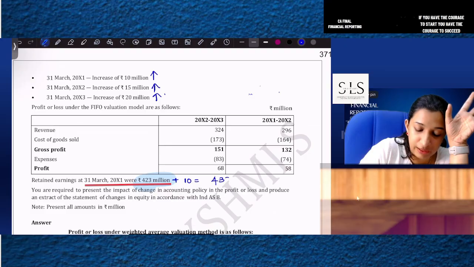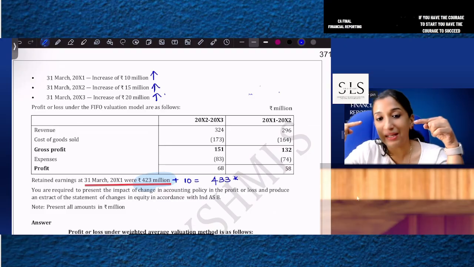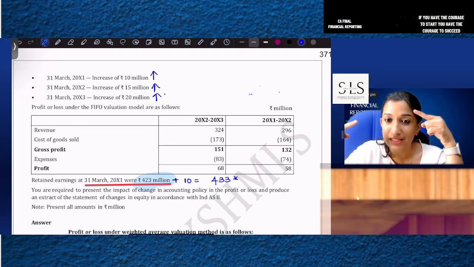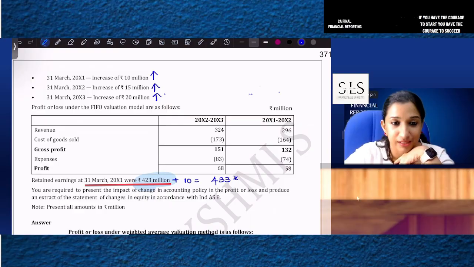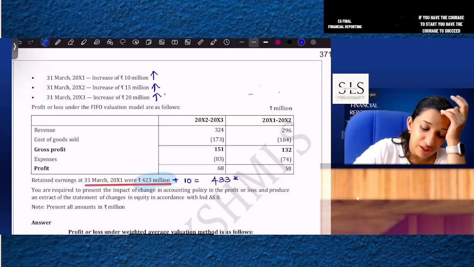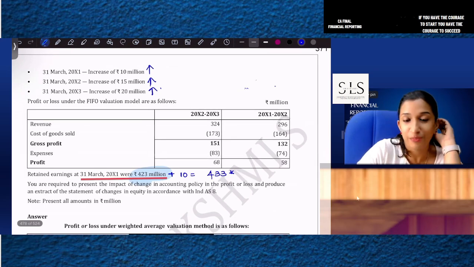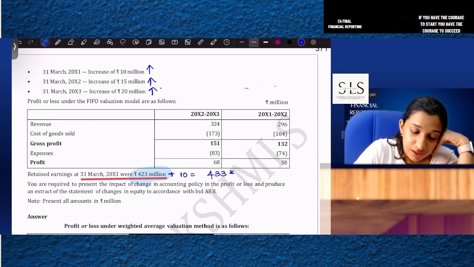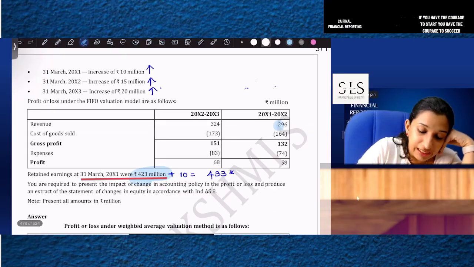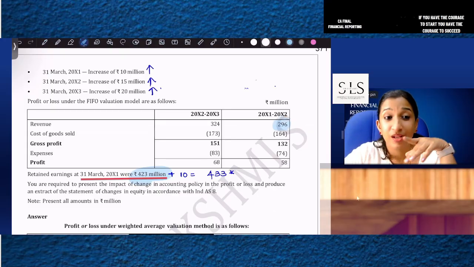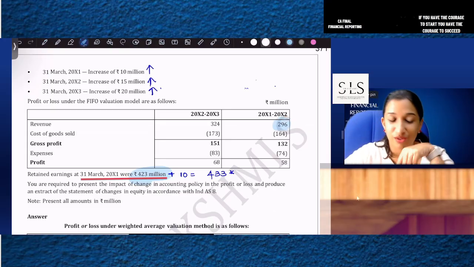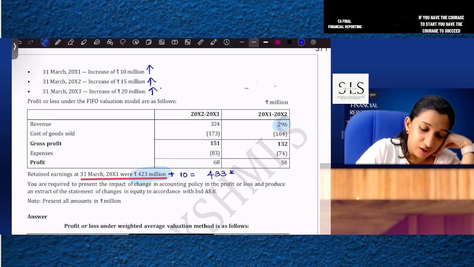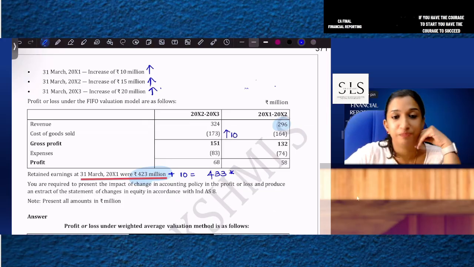Your inventory will increase, and correspondingly retained earnings will also increase. Now 11-12, what is going to be the change? Let me write this and then we'll check the answer. So it is 296 revenue. Cost of goods sold 11-12, opening stock will increase by 10 million.